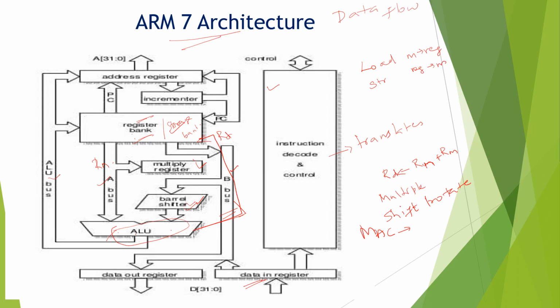And then for load and store instructions, the incrementer updates the address. This incrementer will update the address register before the ARM processor reads or writes the next register value from or to the next sequential memory locations.